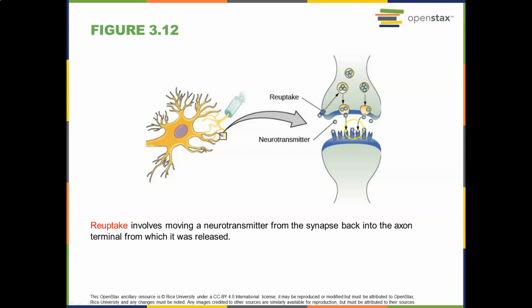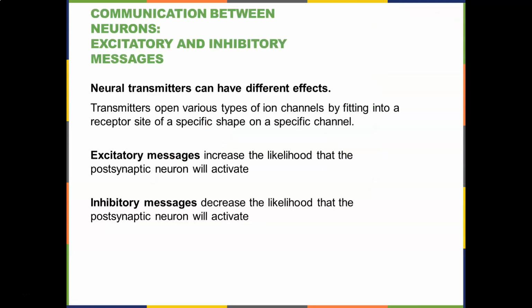So it actually goes back and gets recycled, and then it tries again. That process of trying again is called reuptake. So just wanted you to be aware of that, and we're going to move forward.